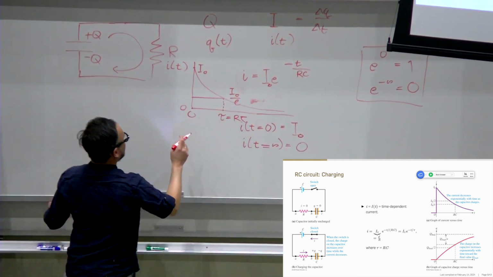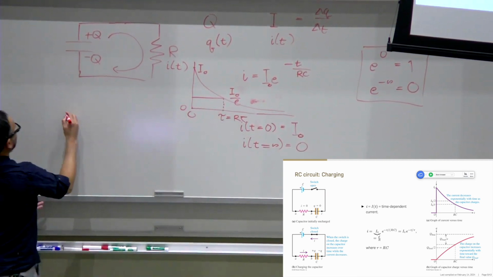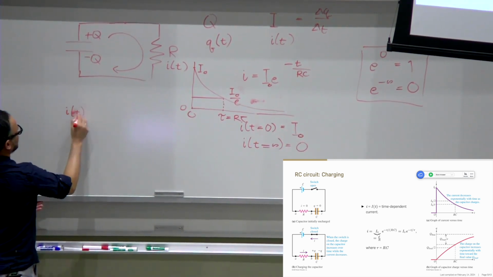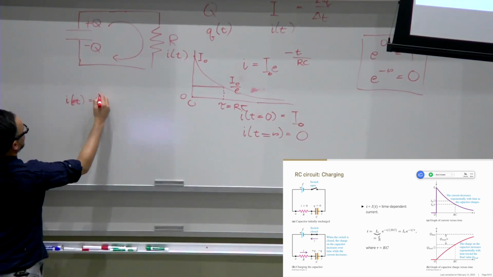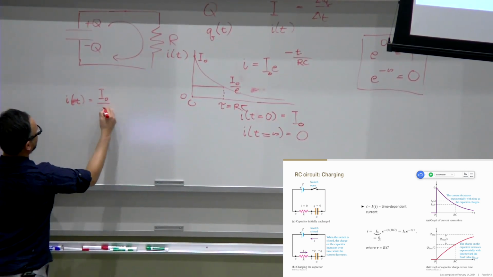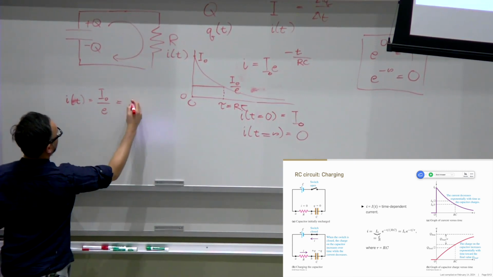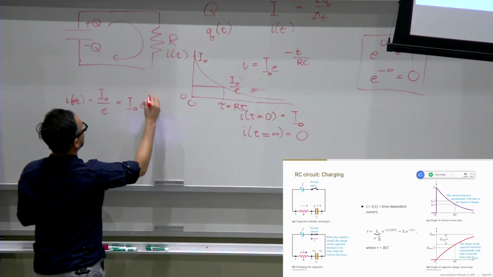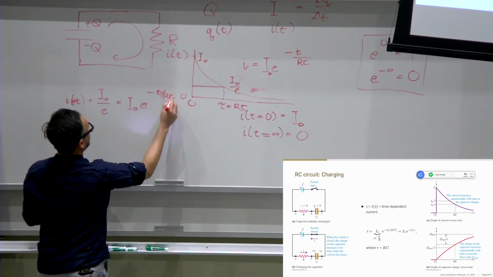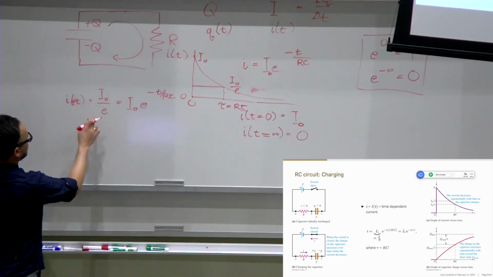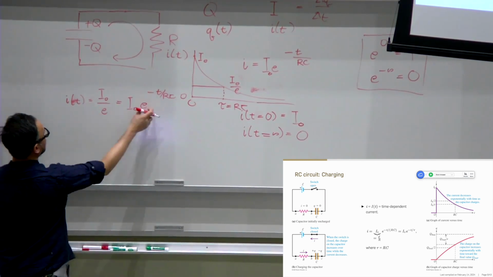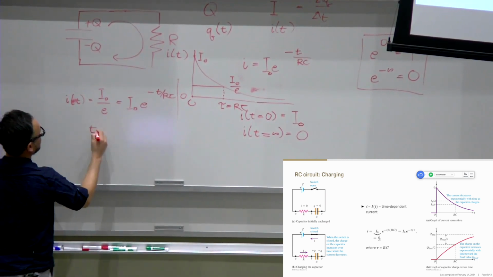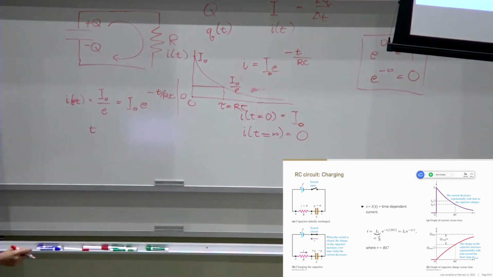So in order for I, the time dependent current, as a function of t, to be equal to I naught divided by e, then in this formula, t has to be RC.